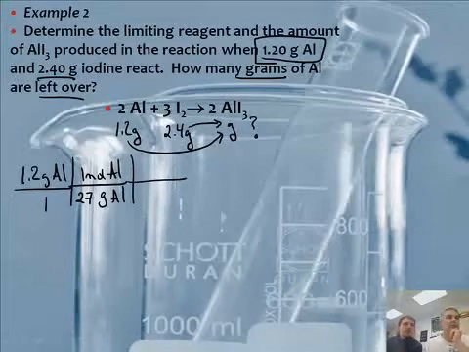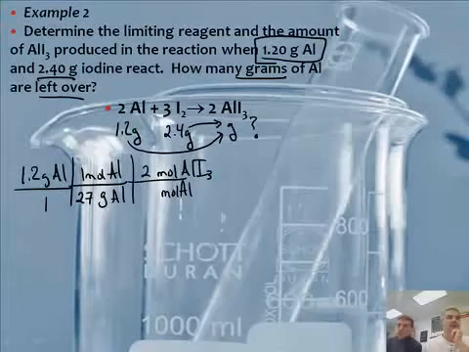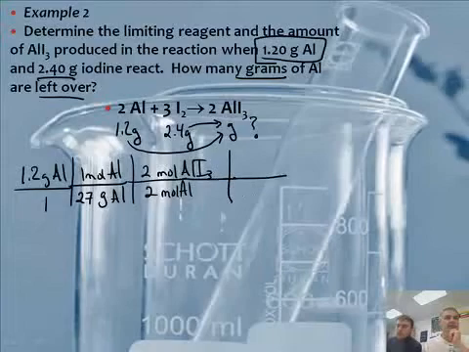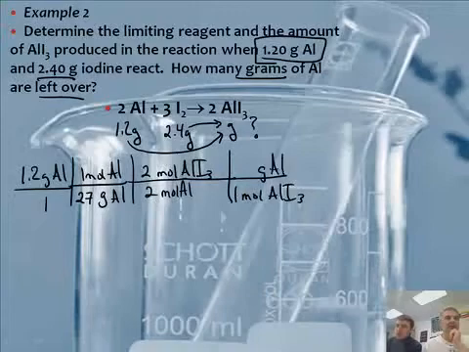Then you need to go from moles of Al to moles of AlI3. That's a 2 to 2 ratio. Yes. And then I'm going to go from moles of AlI3, that's a 1, to grams of AlI3.